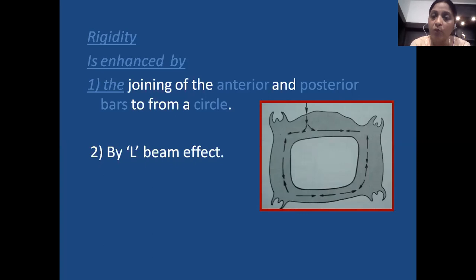If it is providing the L-beam effect through its design, it will be more rigid. If it is not providing this L-beam effect through its design, it won't be that rigid. In further slides, I will be discussing which major connector provides the L-beam effect and which major connector does not provide this L-beam effect.